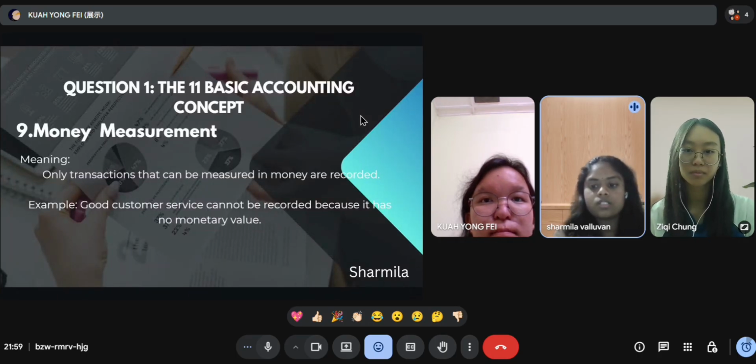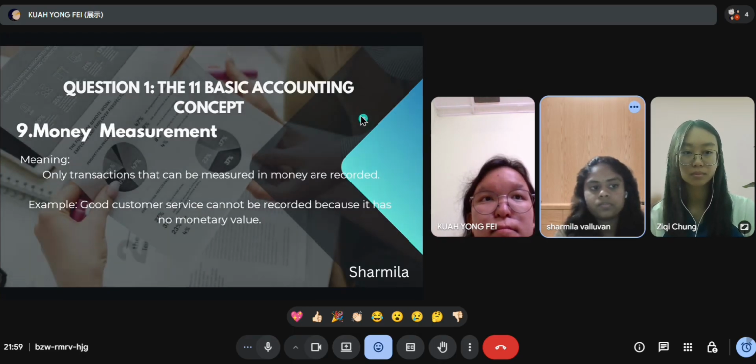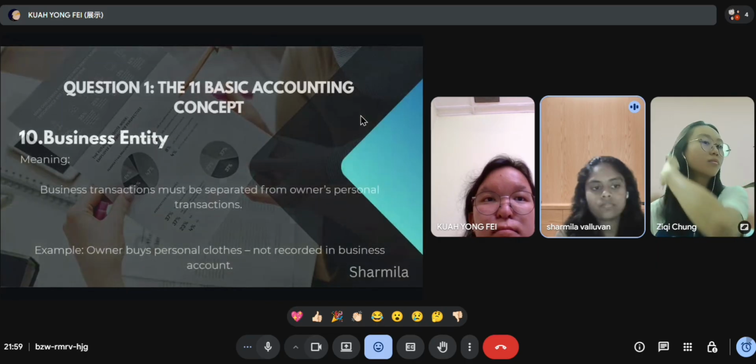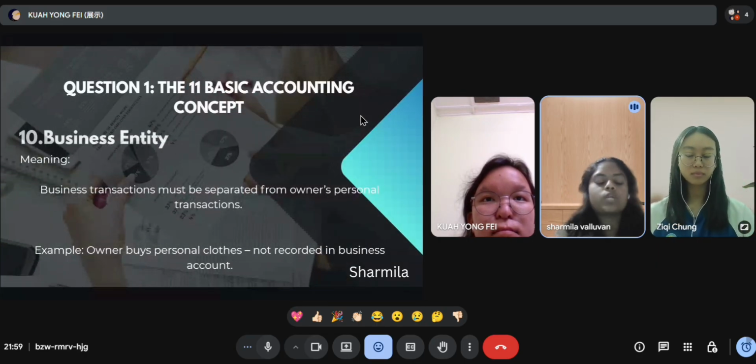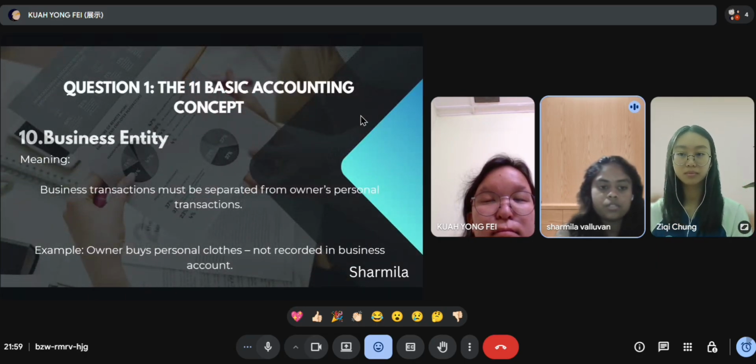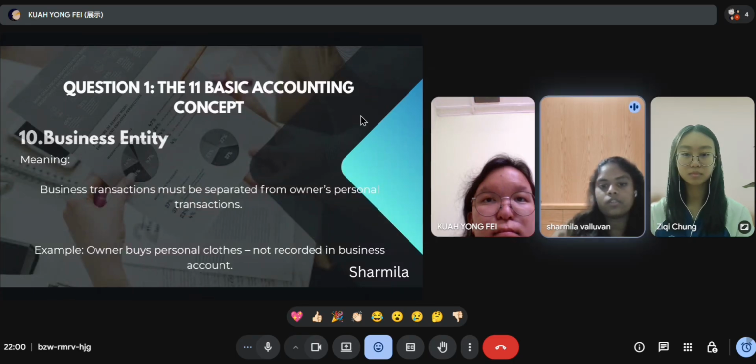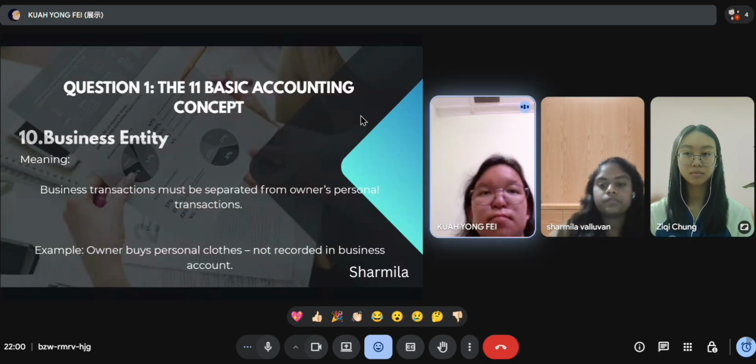The owner is hardworking, not recorded, because it cannot be measured in money. Next one is business entity. The meaning of business entity is that business transactions must be separate from the owner's personal transactions. For example, the owner buys personal clothes, not recorded in the business accounts.